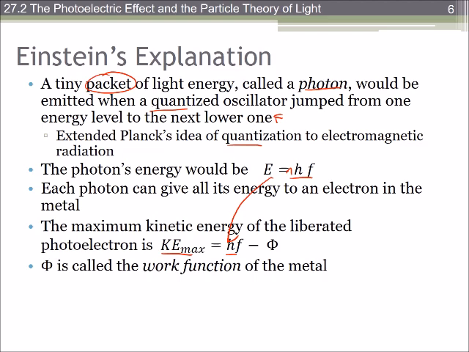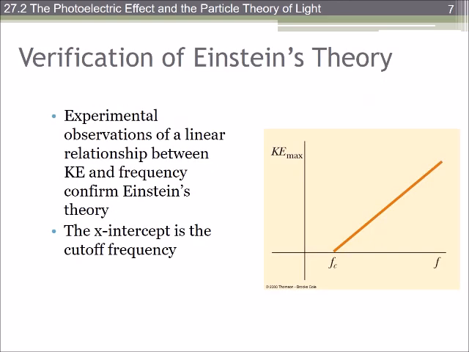This is basically the energy we need to just make it happen, and this is the energy that's left over, which gives us our kinetic energy. So in experiments, we found that the kinetic energy is a function of the frequency, where we have this cutoff frequency.